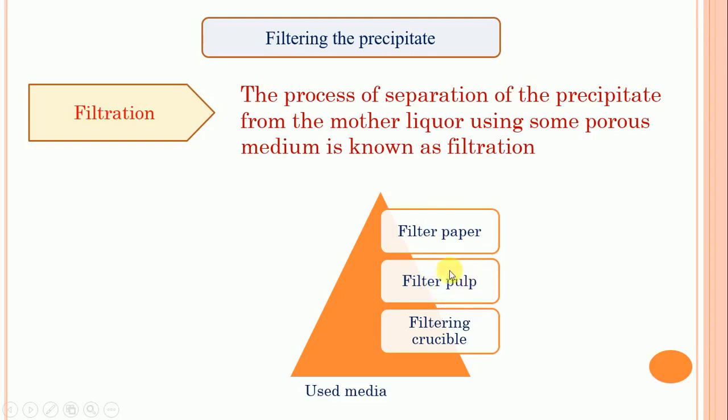And sometimes some precipitates cannot be filtered using filter pulp, and then another new medium is used, known as filtering crucibles. So these are the three media for filtration: filter paper, filter pulp and filtering crucible.